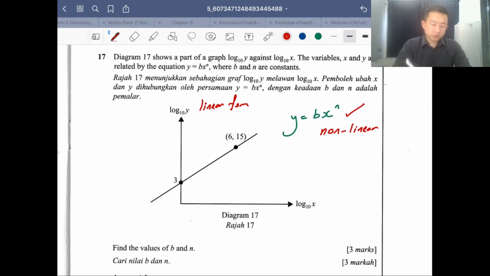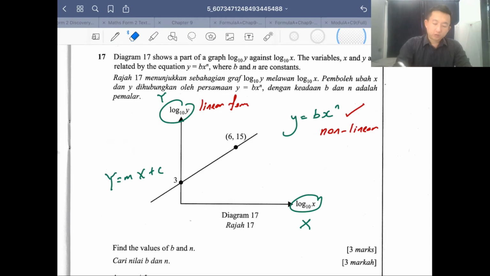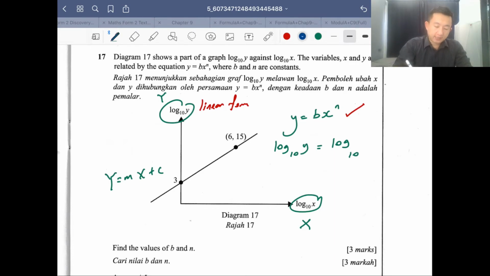So I refer to the y-axis. I know this is the capital Y, and this is the capital X. Y equals to mx plus c. So in order to have log 10, I will take log 10 of both sides, changing this non-linear form to a linear form equation. Since this is multiplying, I have two logs with addition.